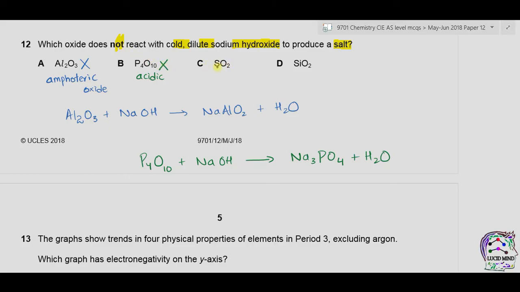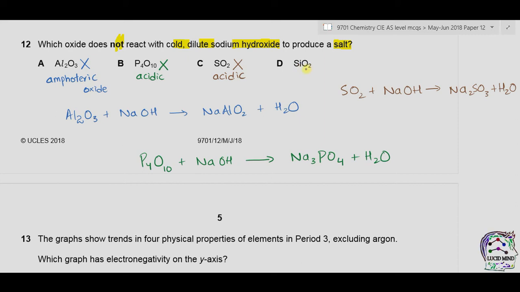In C we have sulfur dioxide. Again, sulfur is a non-metal, so its oxide is acidic in nature. It will also react with dilute cold sodium hydroxide to form salt. So C is also wrong. D is SiO2.